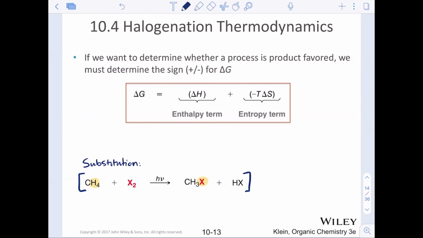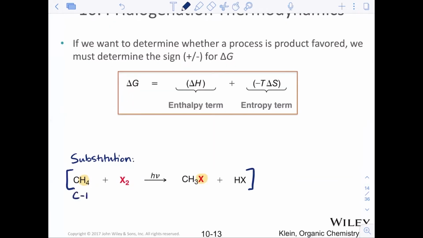Now, typically for halogens, we've worked with Cl2 and Br2. We are going to be doing the exact same thing here, but we want to make sure that we understand the difference between chlorine diatomic and bromine diatomic. Now, notice in this overall reaction that we have a couple of things going on. We have bonds breaking. We are going to be breaking the CH bond and the diatomic halogen bond. We are making a carbon to halogen bond and an H to halogen bond.